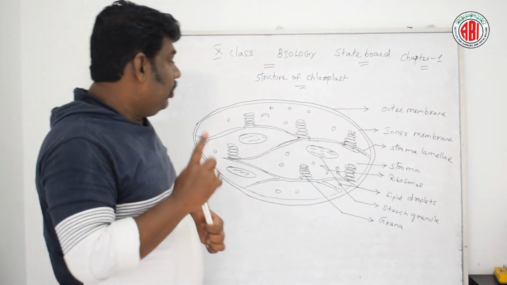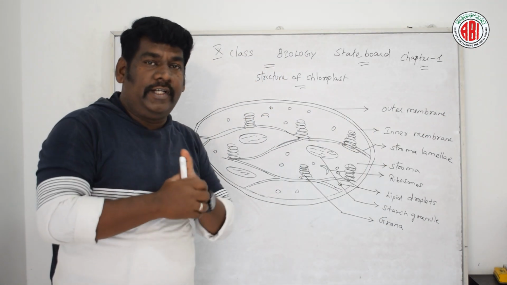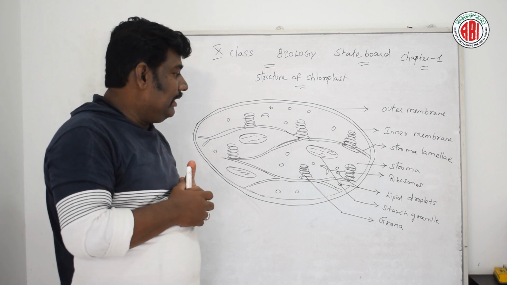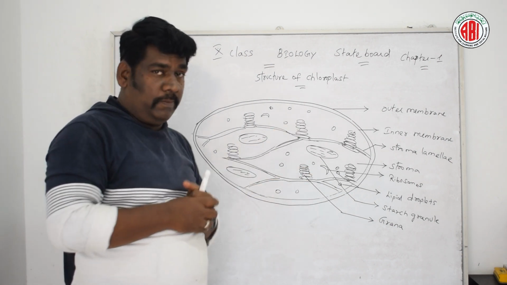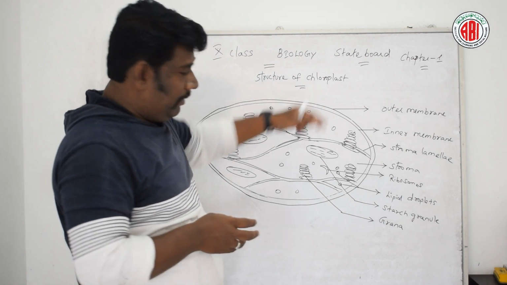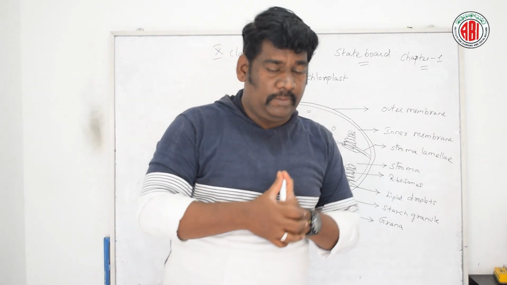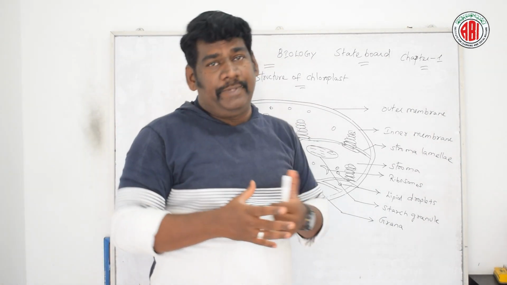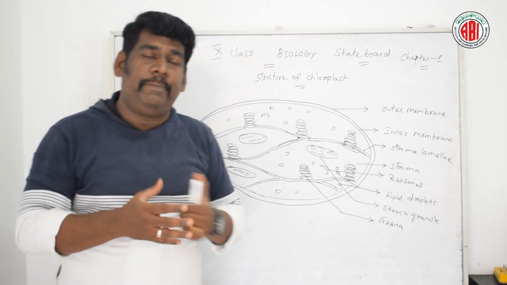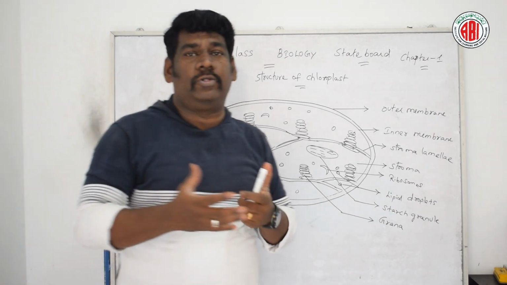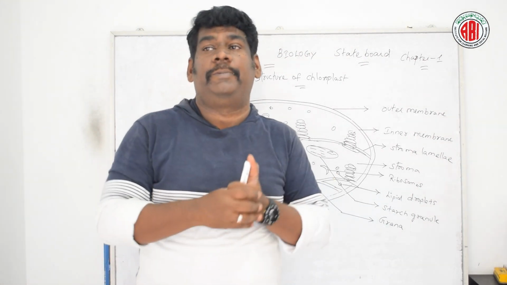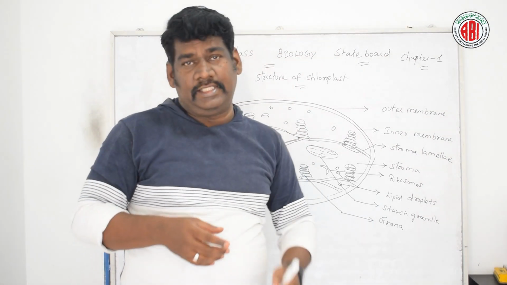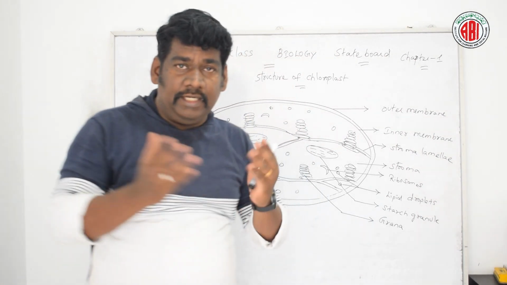Now what we are going to discuss here is the internal parts of the chloroplast. First we should know the meaning of chloroplast. Chloroplast is a green pigment-containing structure which supports photosynthesis in all the autotrophic plants. So this structure is involved in the photosynthesis process for the preparation of food in all the plants.